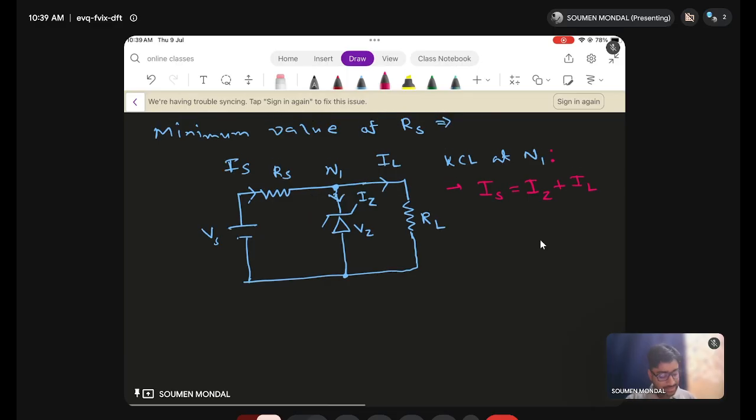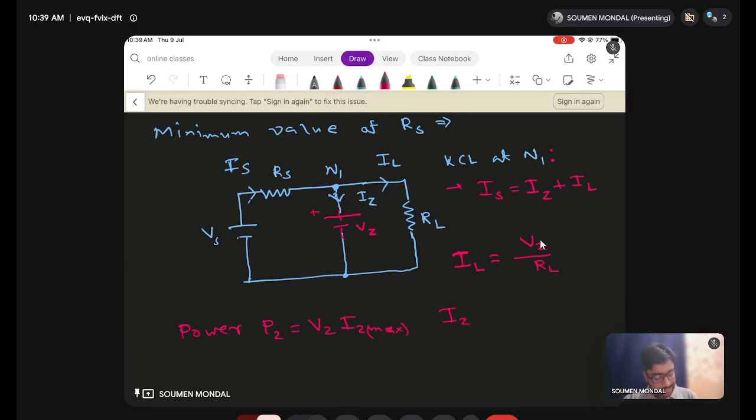Now here remember the case: Zener breakdown has already occurred. So better to replace this diode now with a battery of voltage Vz. Otherwise, the current will not pass through the Zener diode. So it is very easy to get the IL now. IL is Vz by RL. Now we know the power of the Zener diode, Vz Iz max.